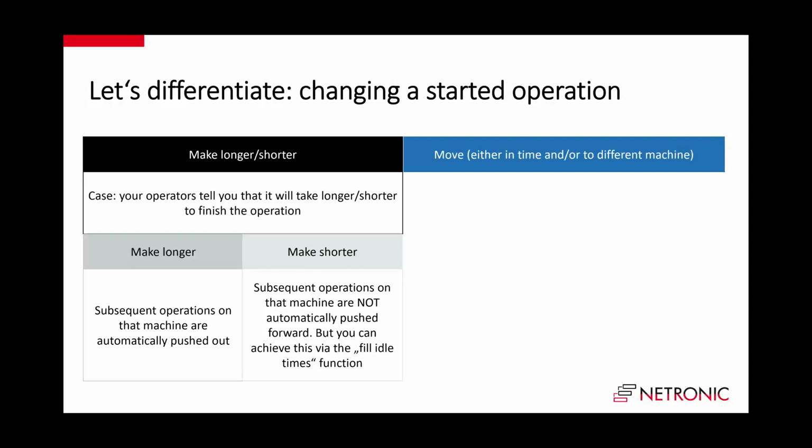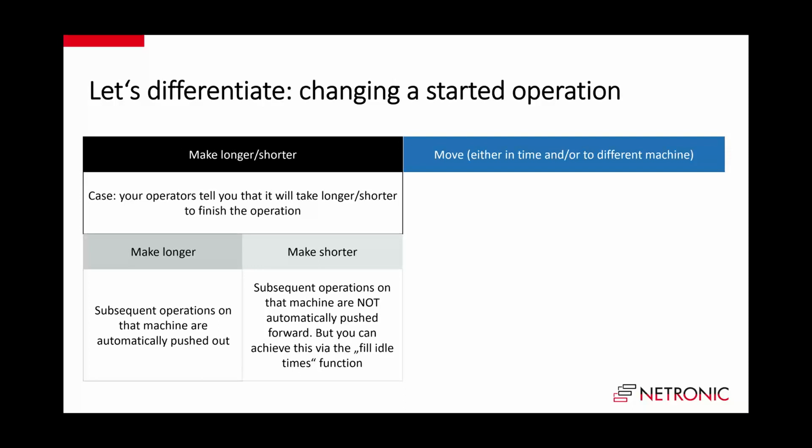So we never make implicit movement to the left, but we have the function called fill idle time, and with this you can quite easily close the gaps that started to exist on that machine because you are done or will be done faster.